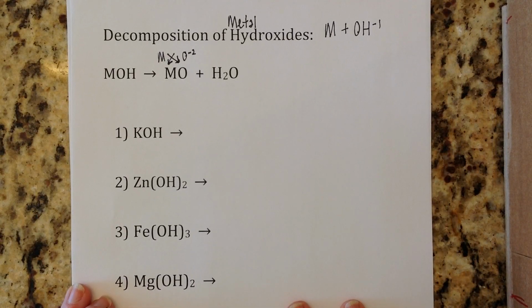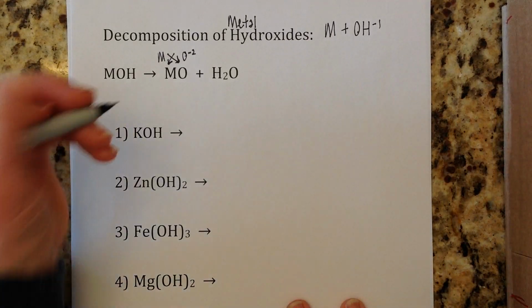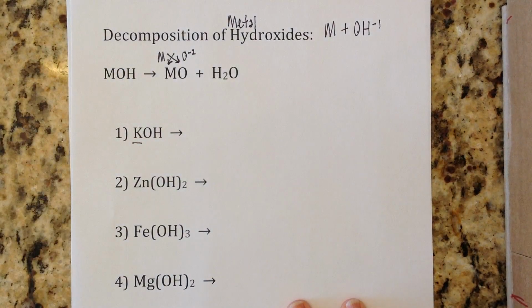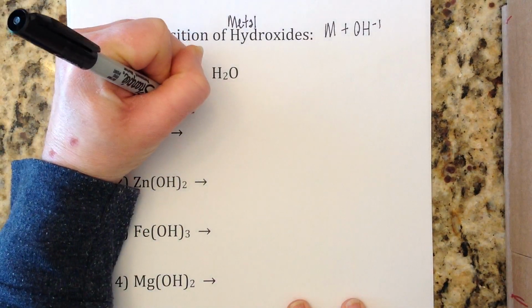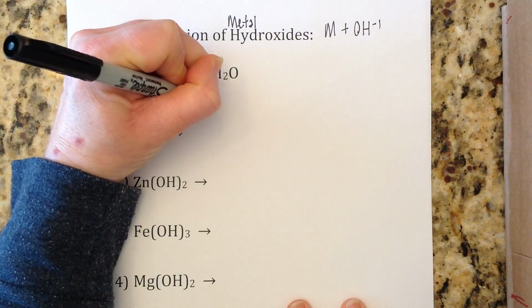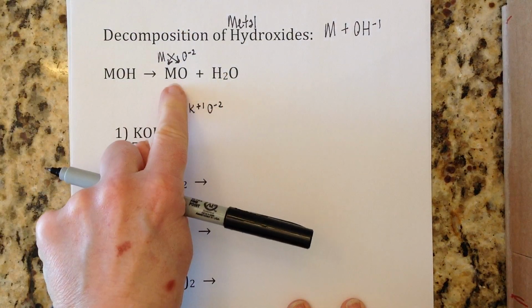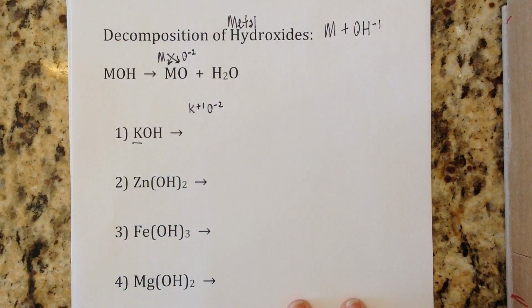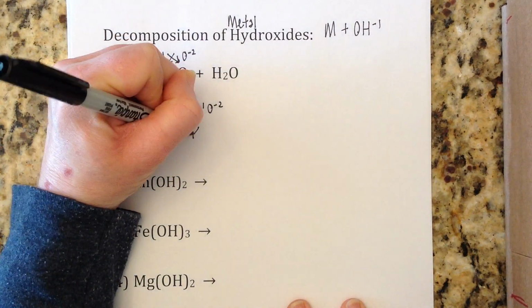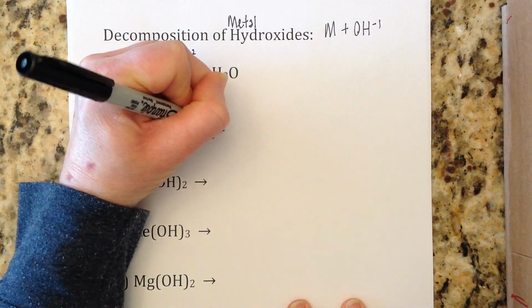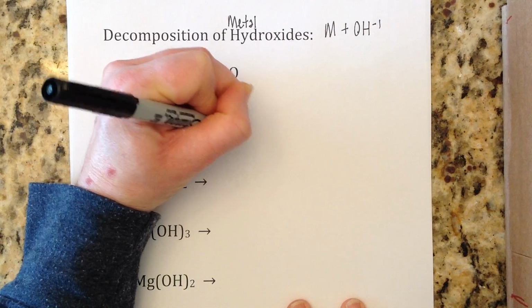So number 1 is potassium hydroxide. Identify your metal, which is potassium. Potassium is +1, oxygen is -2, because we're following the rule here, and we're crisscrossing it with oxygen. That is K2O plus H2O.